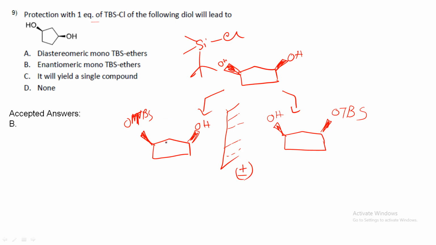If we rotate and want to go back like that, it would be again just below, so they are not homomers, they are enantiomers. So the right answer would be enantiomeric monoprotected products. They are not diastereomers, not the same, not homomers.